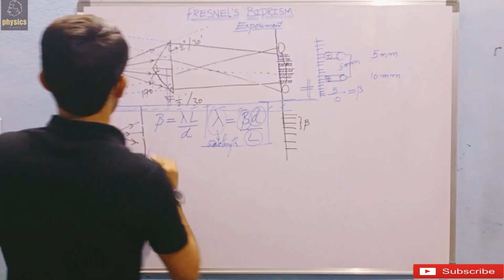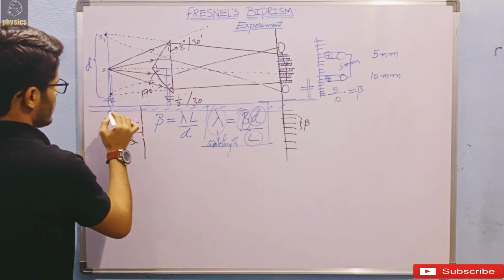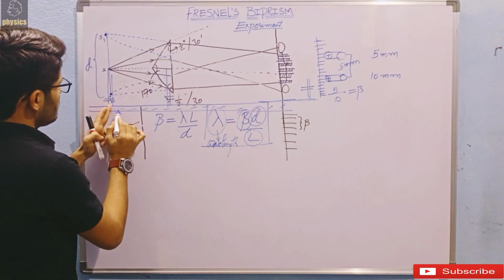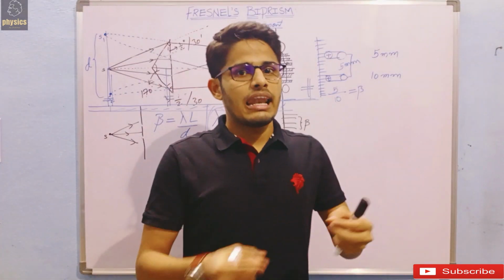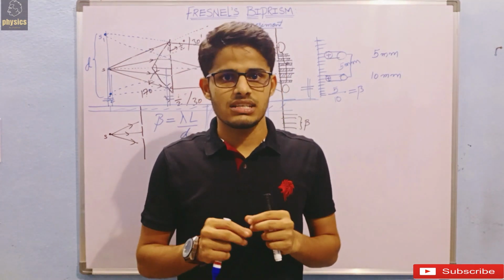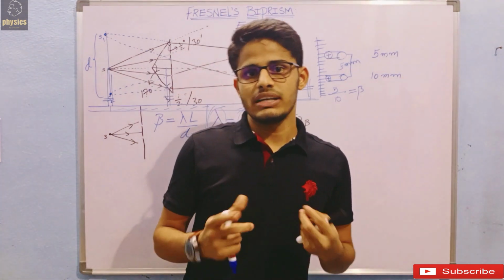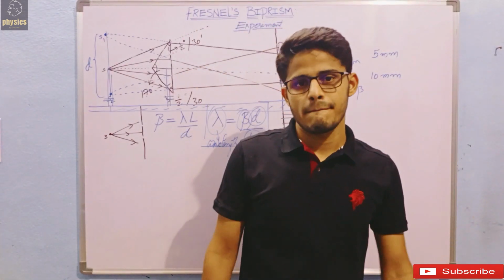So with the help of this table, which has a scale on it, we'll take the reading from S to the final screen, because S is lying in a line with S1 and S2.